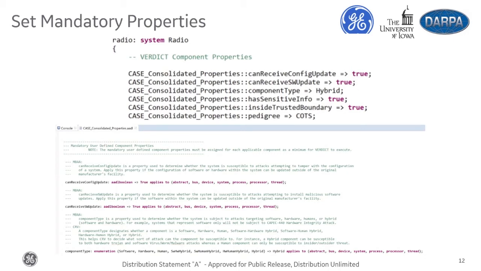Can that component receive software configuration updates? What type of component is it? Is it hardware? Is it software? Is it a hybrid? Does it have any sensitive information? Is it inside the trusted boundary? What's its pedigree? Is it COTS? Is it something that's been internally developed? So those are relatively simple properties that we set.